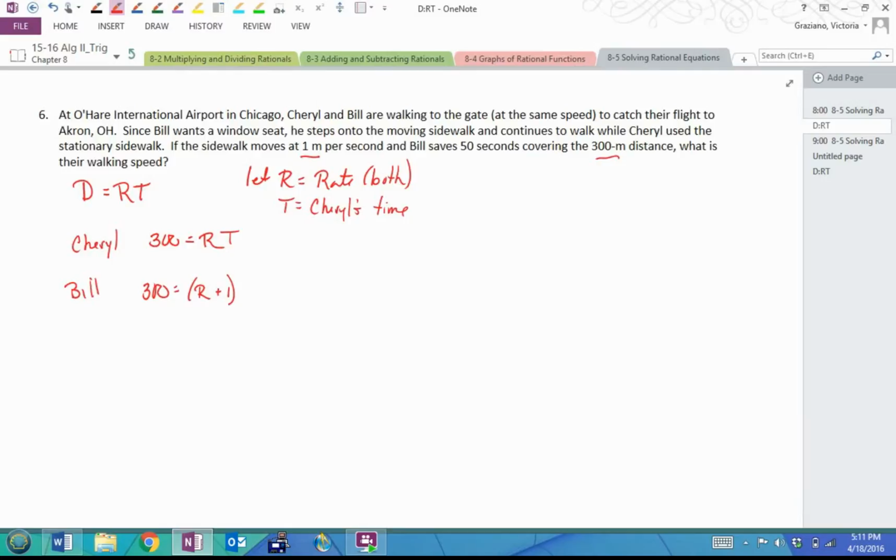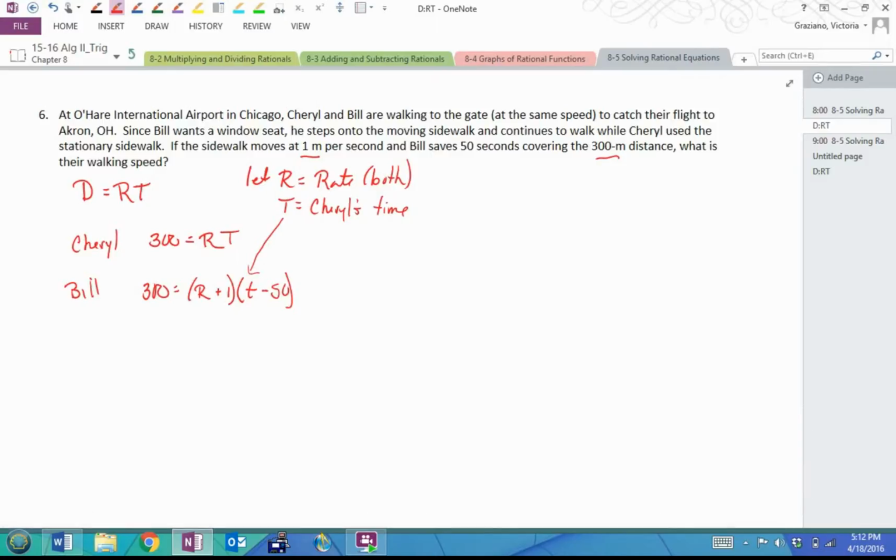Okay, so I'm gonna do this. His time, he also gets there 50 seconds faster, so I'm gonna make his time, this is Cheryl's time, so t minus 50, right? T was Cheryl's time, and then minus 50. Okay, so this is one option here for a setup.